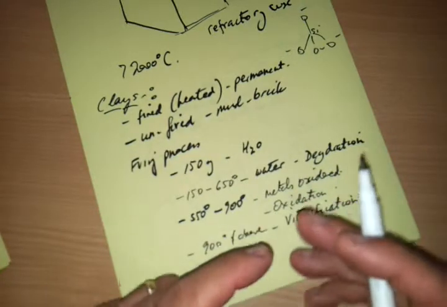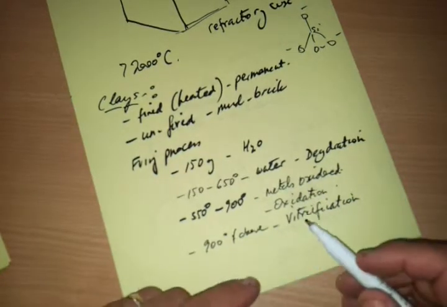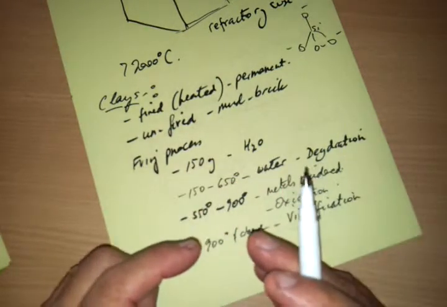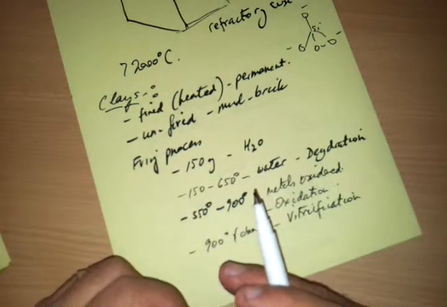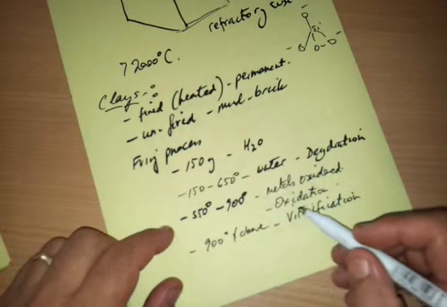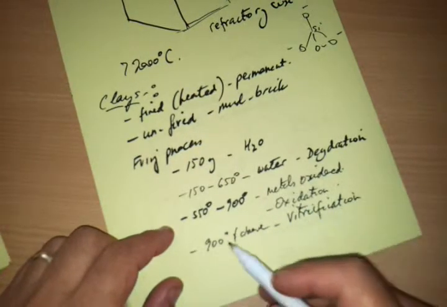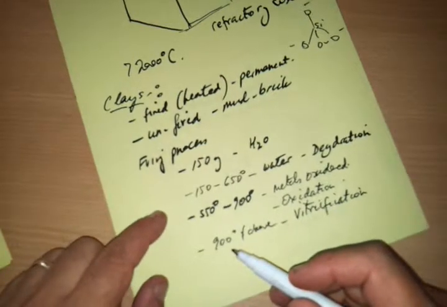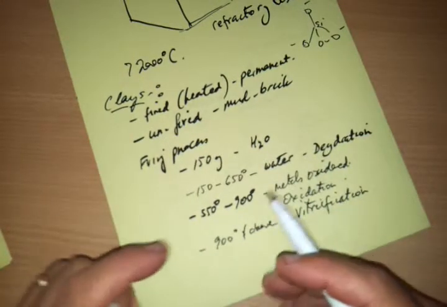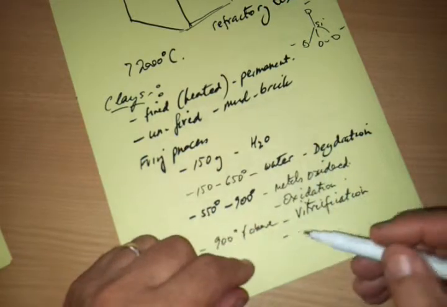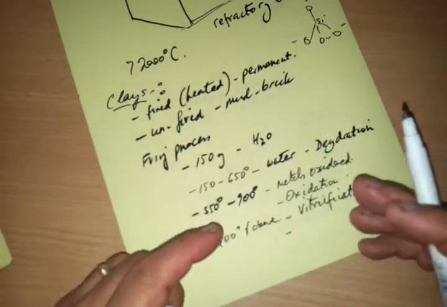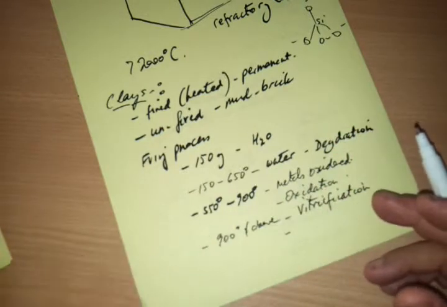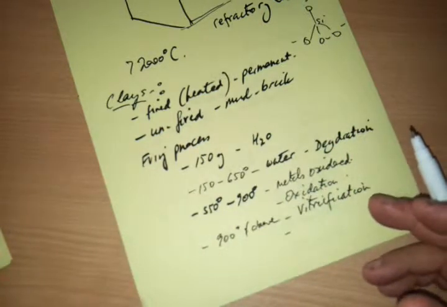So we get those igneous, sort of hard, glassy kind of shapes, which are amorphous usually, which means they don't have a structure, and they are very non-porous, very brittle and very hard, and that's called vitrification, and that happens over 900 degrees Celsius. The other thing that happens at vitrification is everything usually solidifies into the one single phase. You don't get different phases occurring inside the clay or the ceramic.